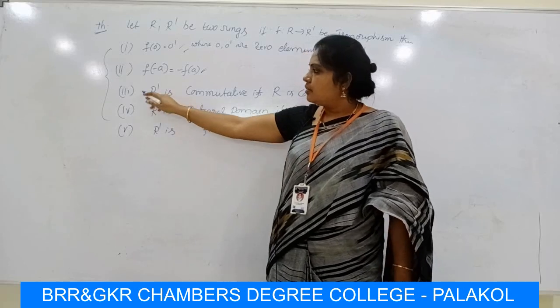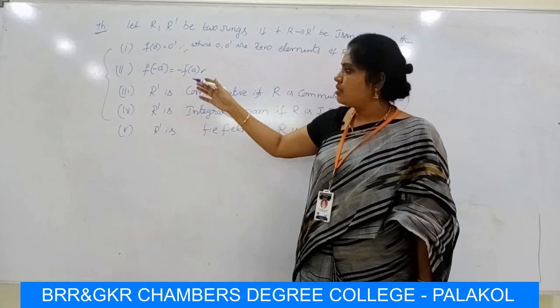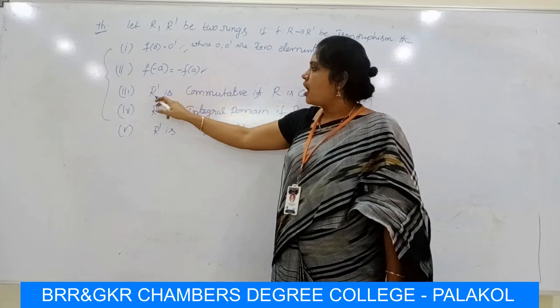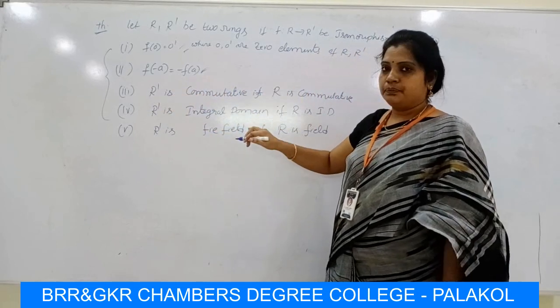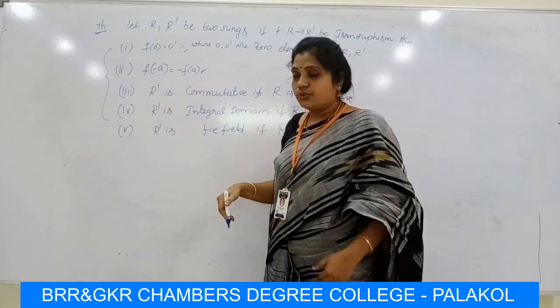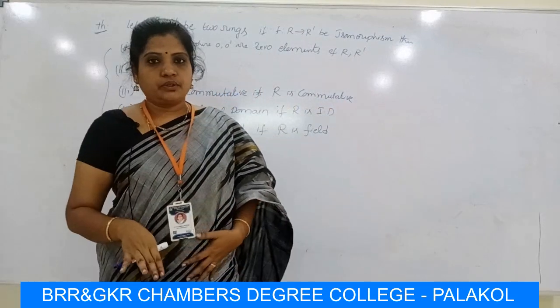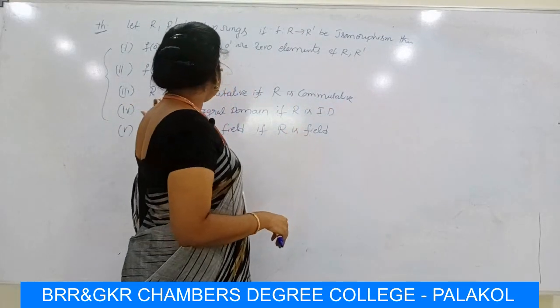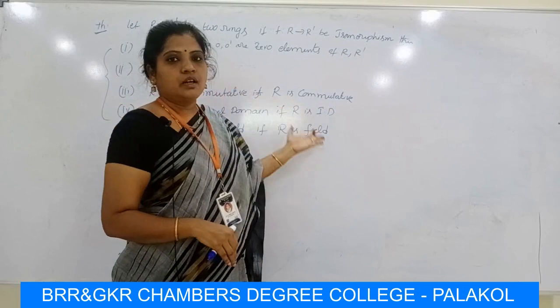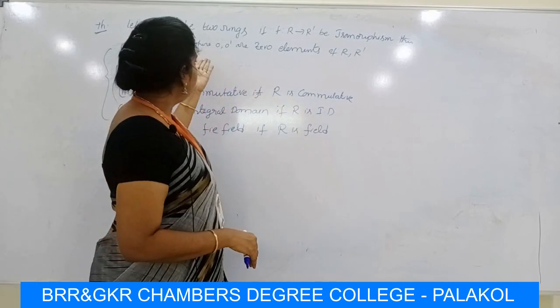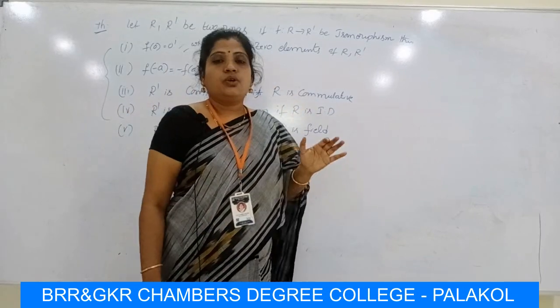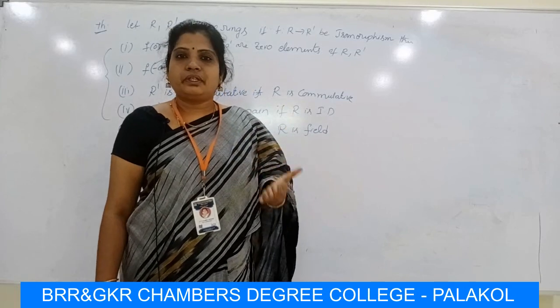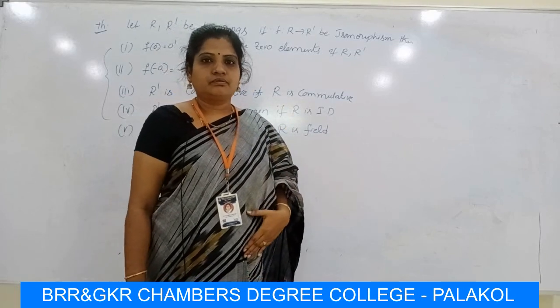So here the third one is also proved. I will explain. R dash is commutative if R is commutative. I assume that R is commutative, and we have to prove R dash is commutative. In the previous theorem, the homomorphic image of a commutative ring is commutative.